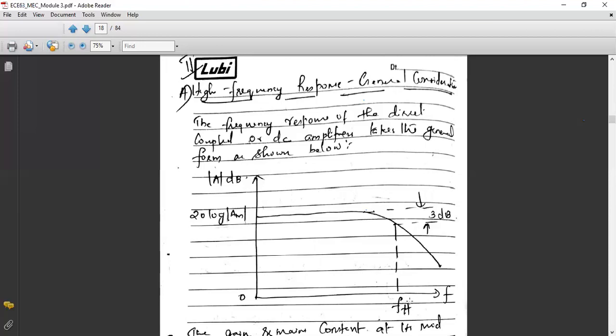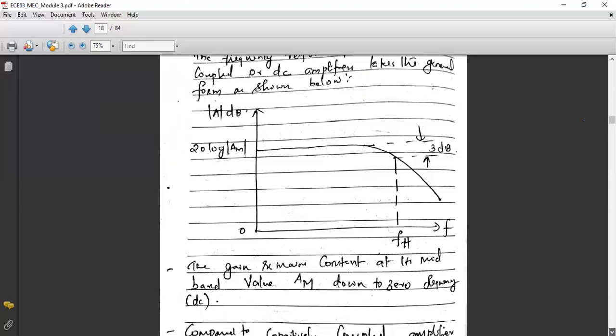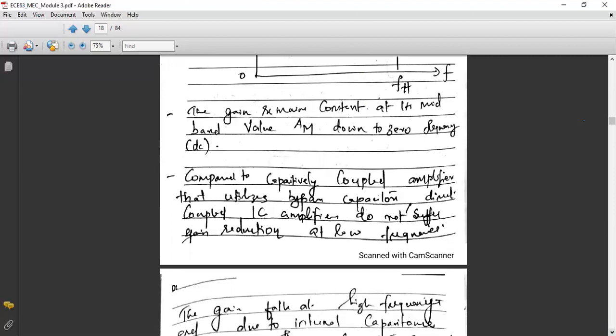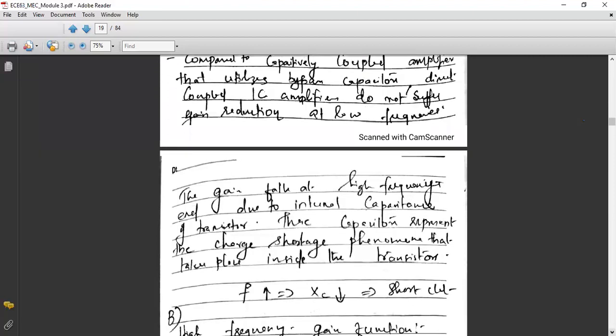The maximum gain is this, but at this particular frequency your gain has been reduced by 3 dB. For any amplifier you have this cutoff frequency, and you need to find the cutoff frequency, or design an amplifier based upon it.